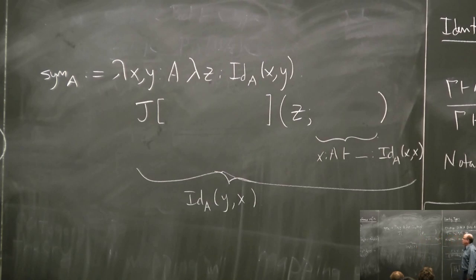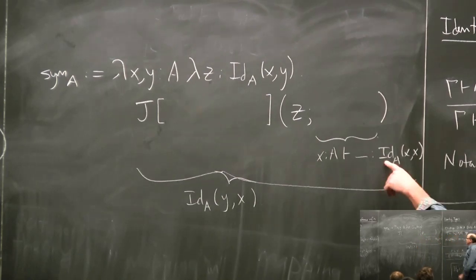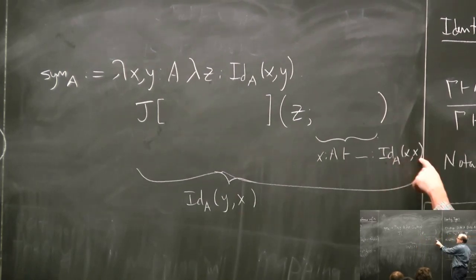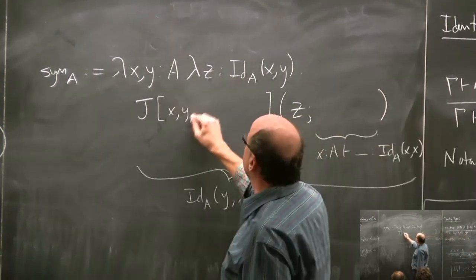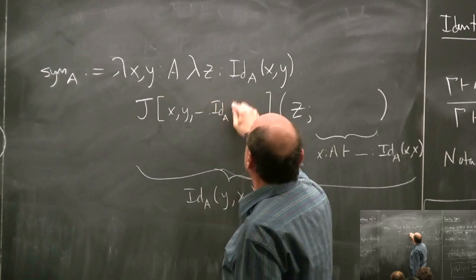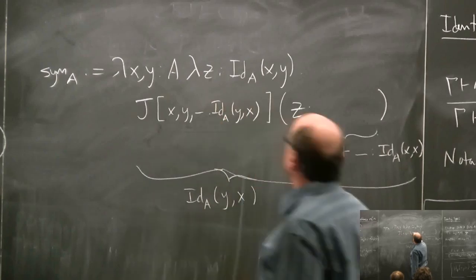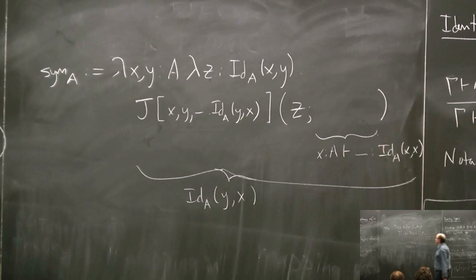This is what I want to have happen. I need to provide here something id A xx. So the motive is going to be xy underscore id A yx. If I'm not mistaken, that should do the job.